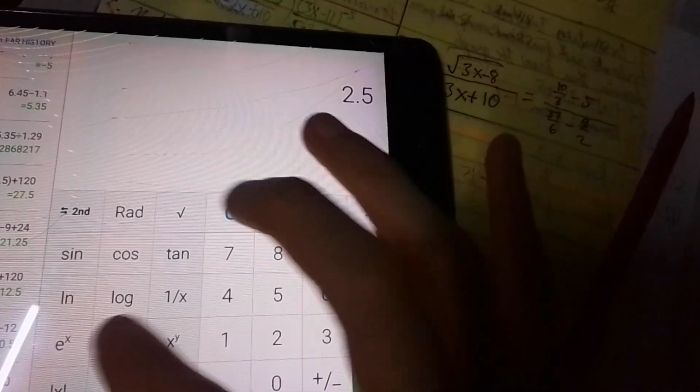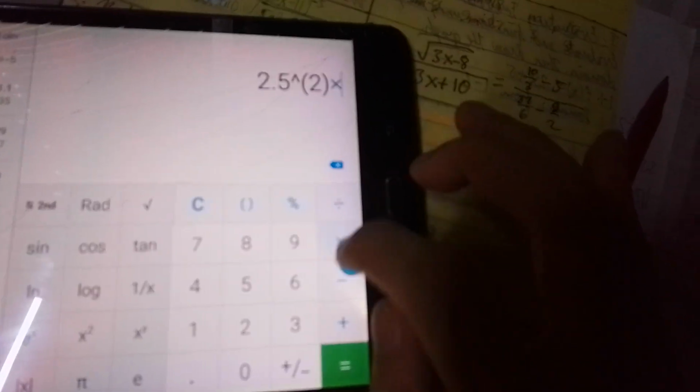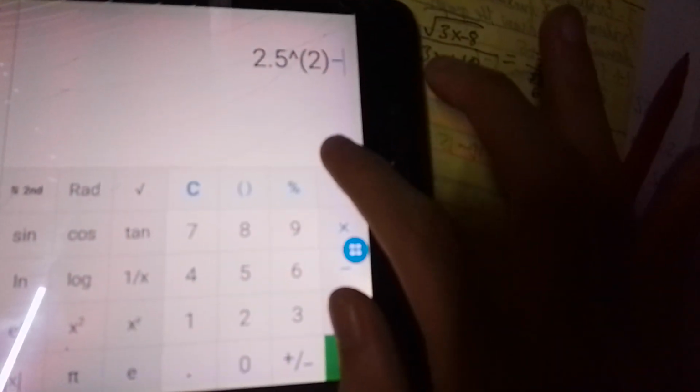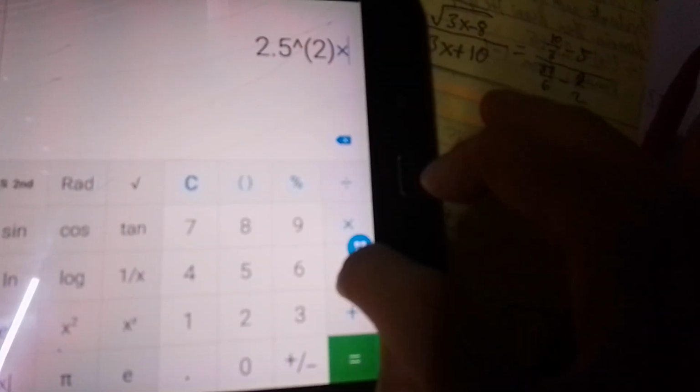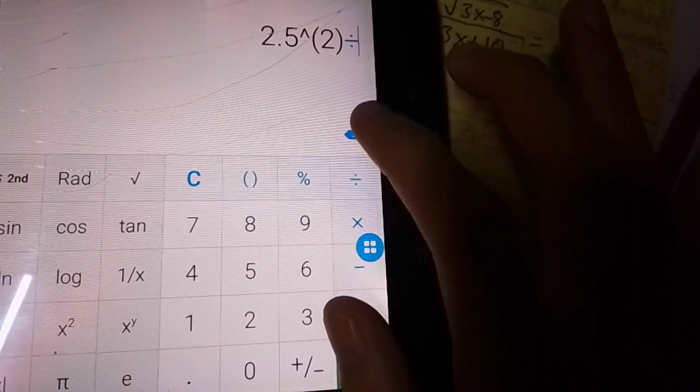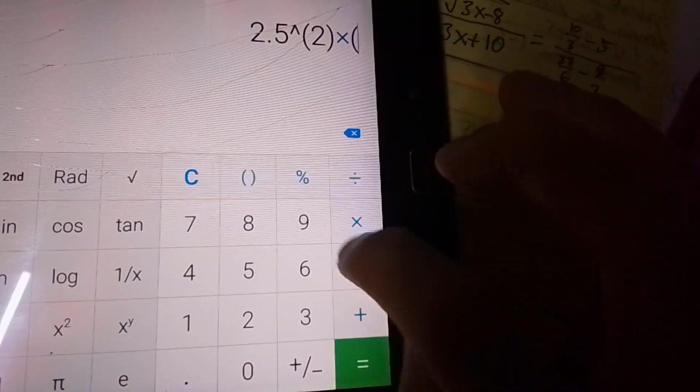So that's 2.5 squared times negative 9, to give an answer of negative 56.25. And then your answer is added by 24. You should get this answer of negative 32.25.